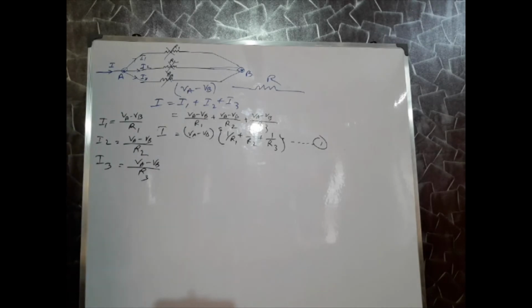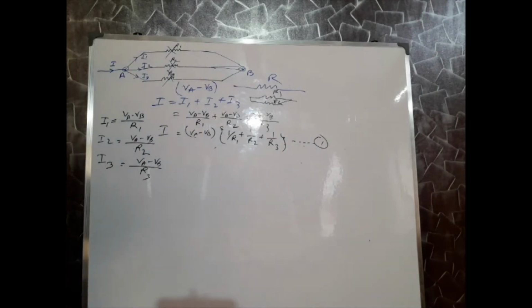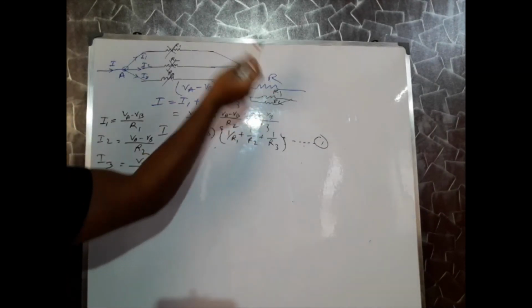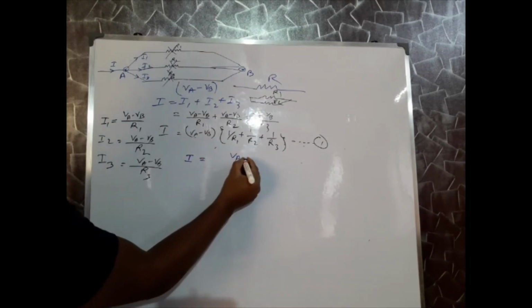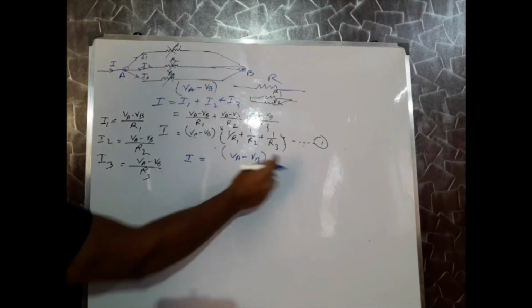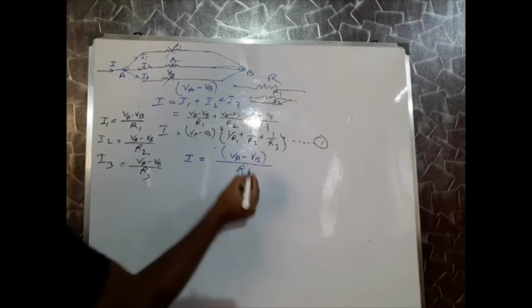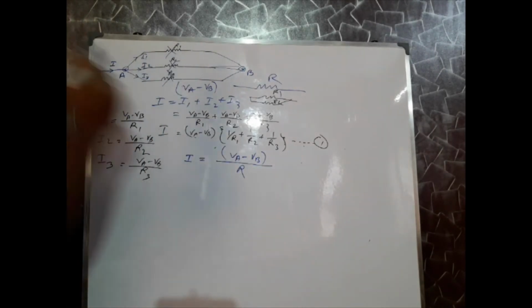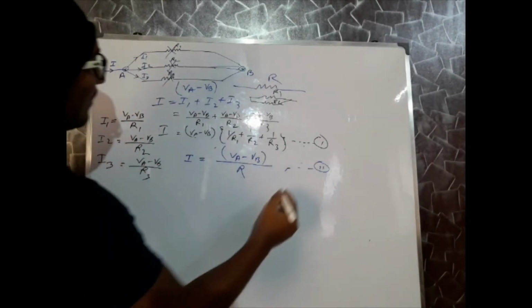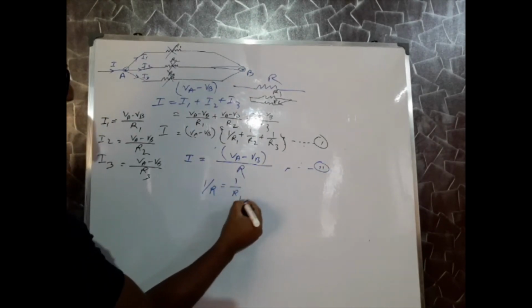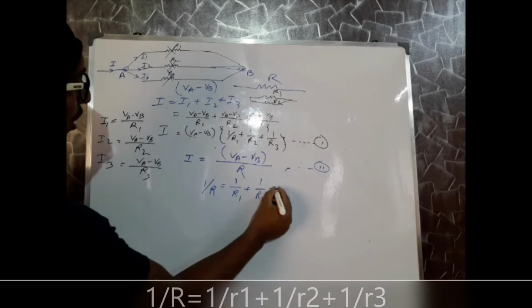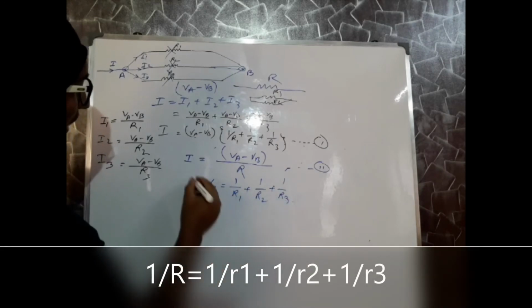The entire potential difference of the circuit, VA minus VB, is not changed. If R is the equivalent resistor, then we can simply write again I is equal to VA minus VB, the potential difference, by the resistance, that is R. So by equation number 1 and equation number 2, we can write that 1 by R is equal to 1 by R1 plus 1 by R2 plus 1 by R3.